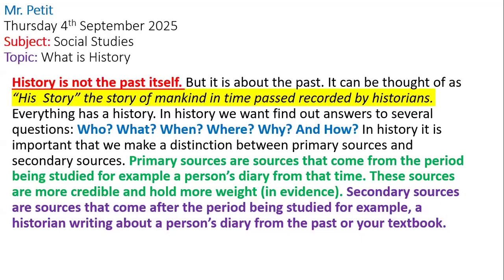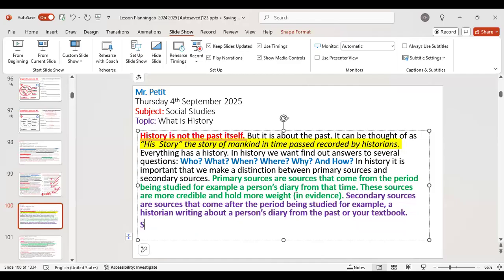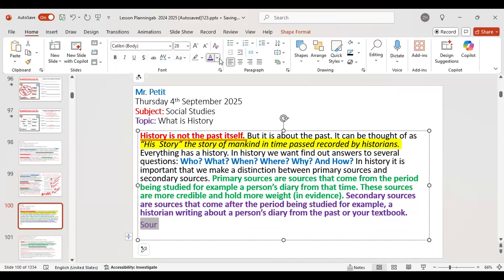Good. All right, let's move on. Let's talk more about sources. Sources, whether they are primary or secondary, help us to piece the information together.